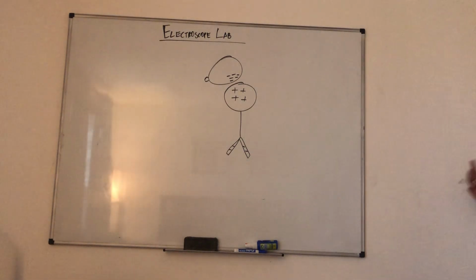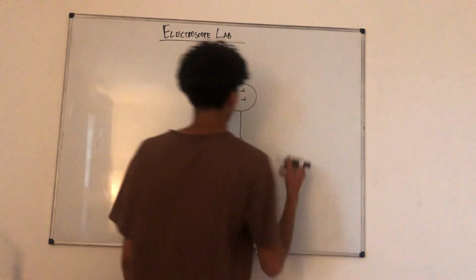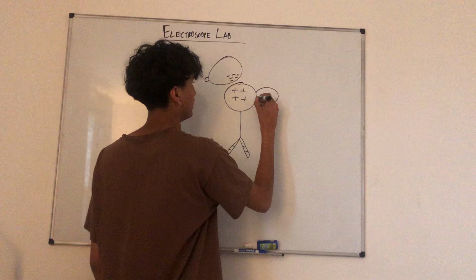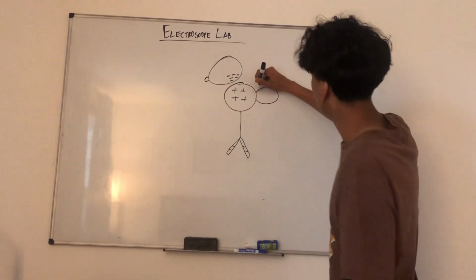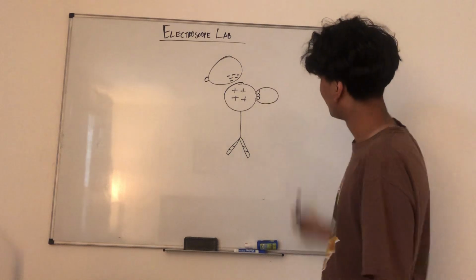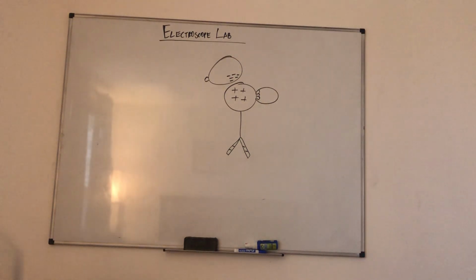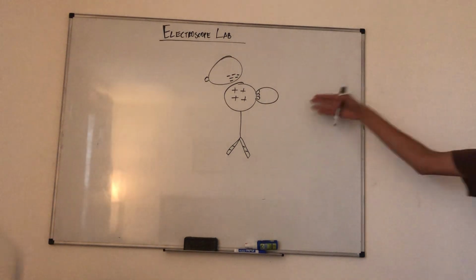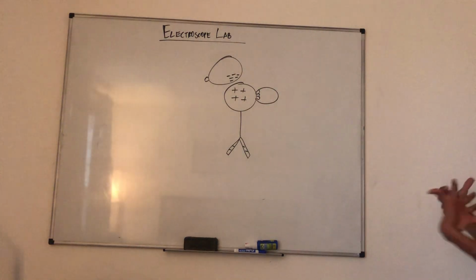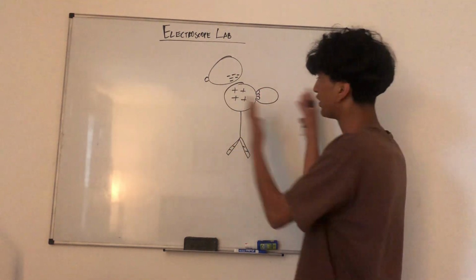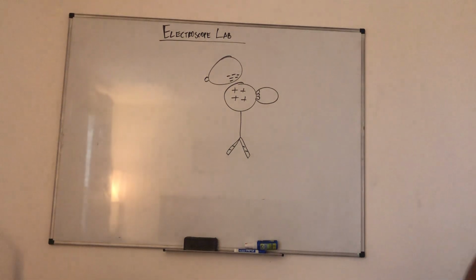Now, when I bring my hand, so pretend this is my hand. Actually it kind of looks like a foot, but whatever. If I'm touching it, well, it's a conductor, so electrons can flow now in between my hand and the electroscope.